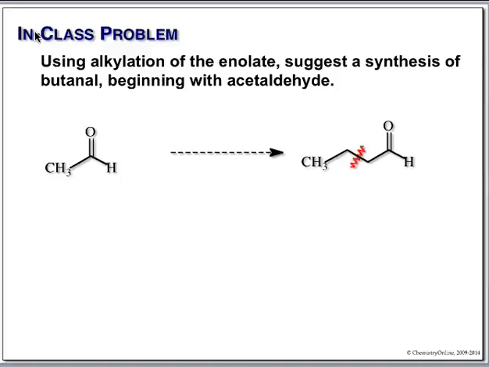All right, how many ways do you know to add carbons to the alpha carbon of an aldehyde? The only way you know is to make an enolate anion and react it with an alkyl halide. The enolate anion would look like this. This is the enolate anion of acetaldehyde.